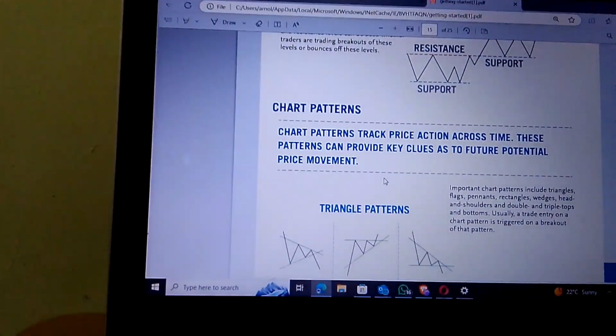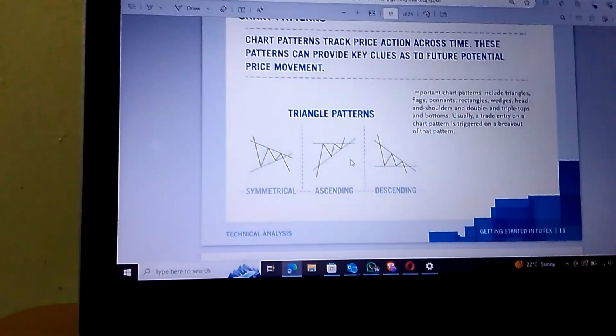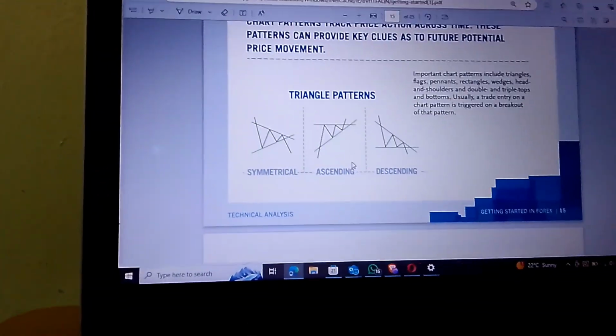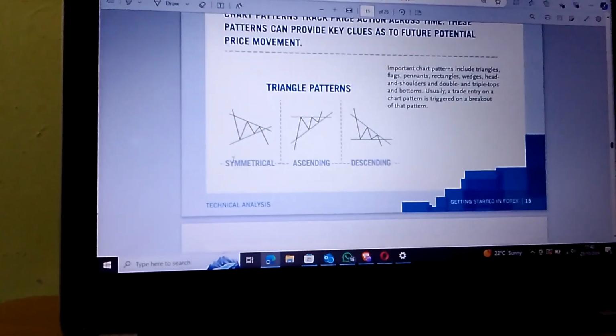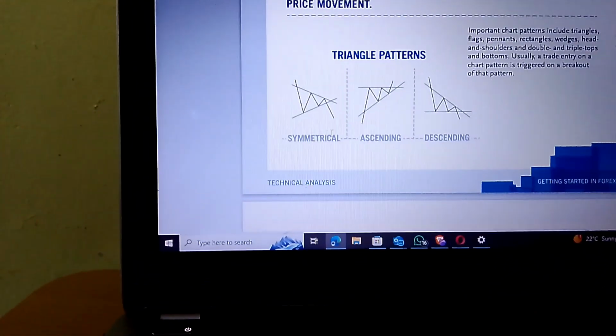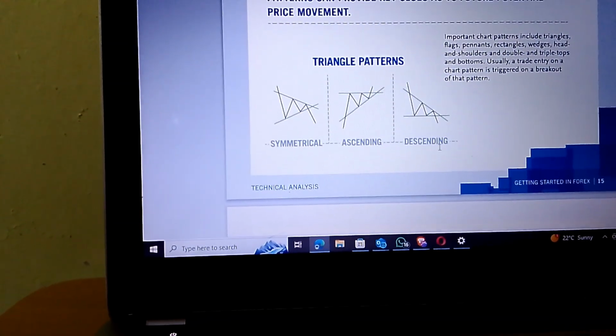And moving on to the chart patterns. Chart patterns track price action across time. These patterns can provide key clues as to future potential price movement. So there are different price patterns. Here we can see there's symmetrical, ascending, descending.